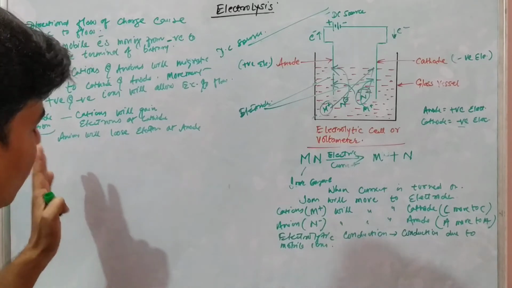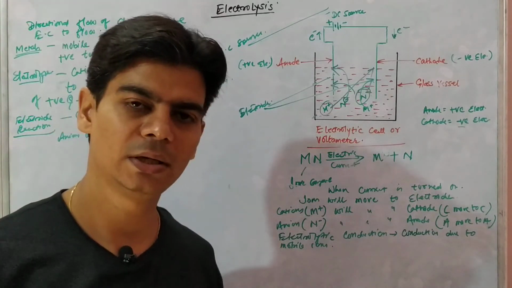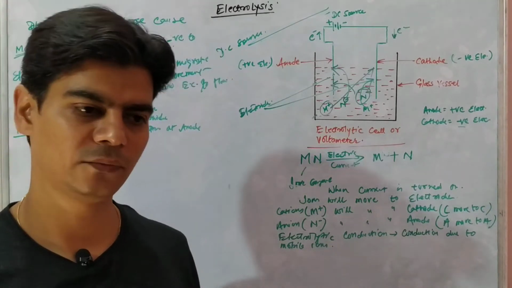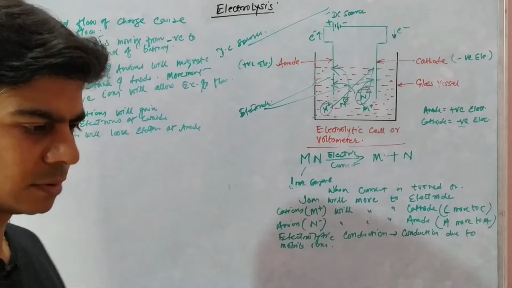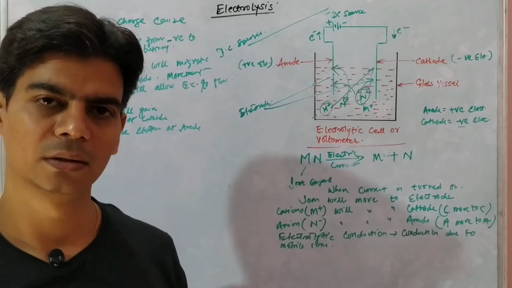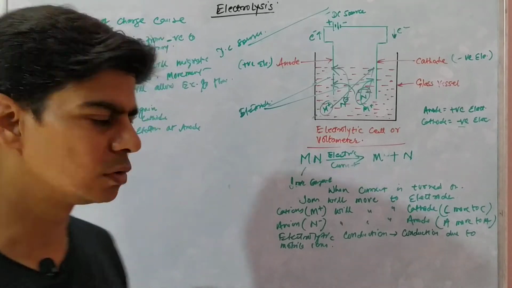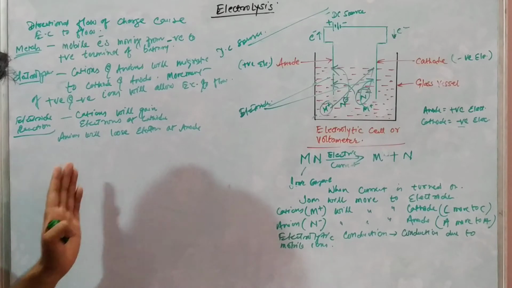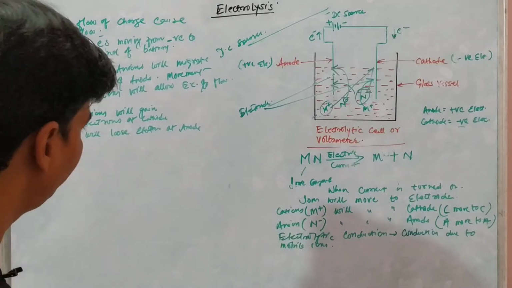And we already know that cations will gain electrons because they are deficient in electrons. And we already know that positive metal ions, when they react, positive ions will always gain electrons, right? And anions will lose electrons at anode, right?